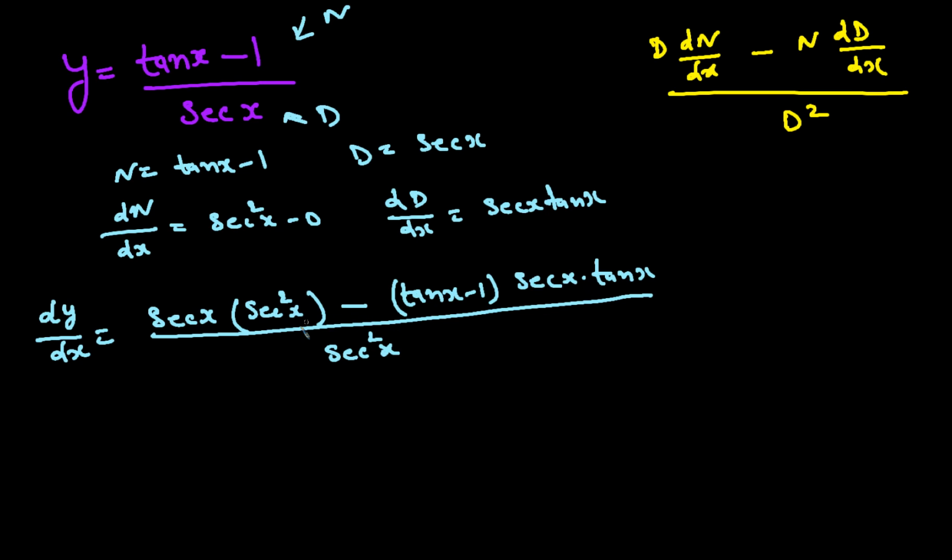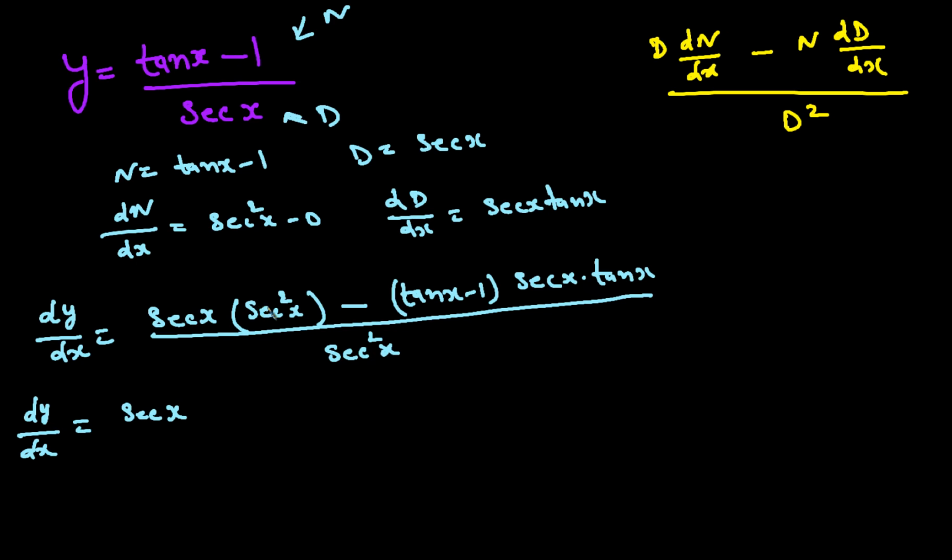Okay, so now we found the derivative. The only thing left is we need to simplify it. Okay, let's do that. We're going to use some trigonometric identities here.